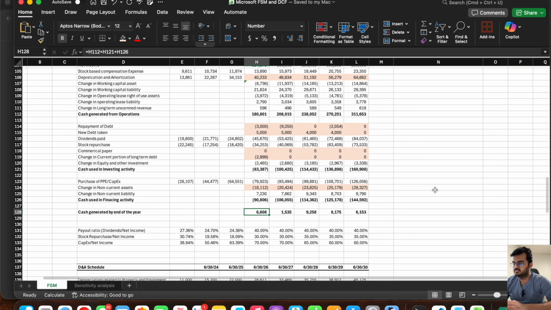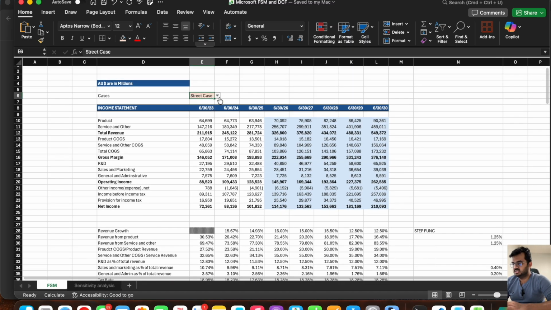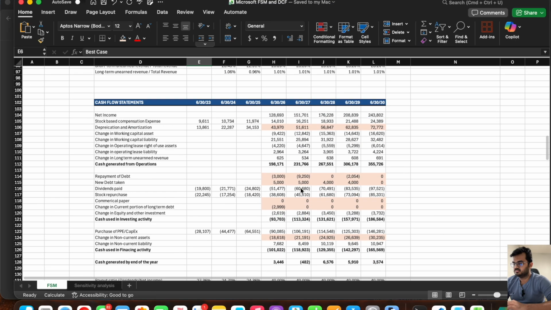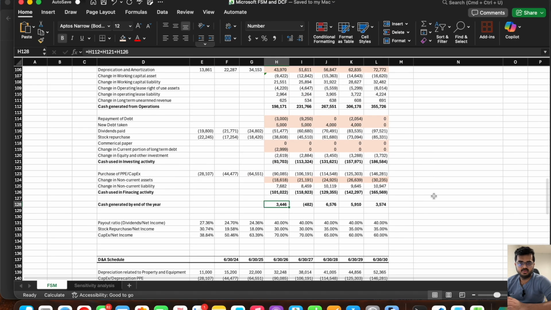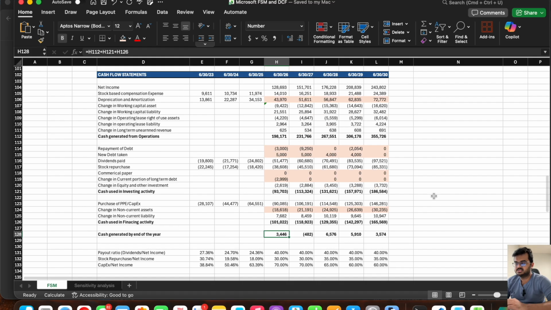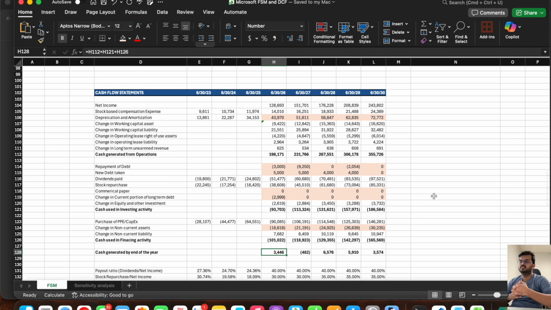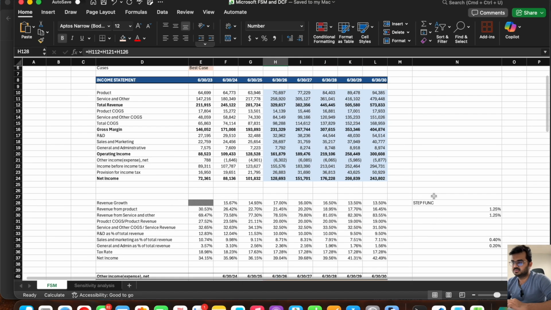That is this number, $6.6 billion. If we change this from street to best case, the number which was $6 billion is now reduced to $3.46 billion, which means we did the proper integration, and most of the numbers in the cash flow statement take some reference from the income statement. Accordingly, the numbers change.